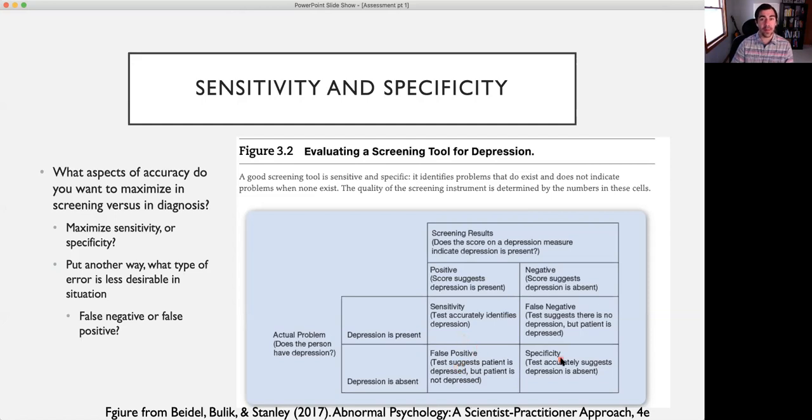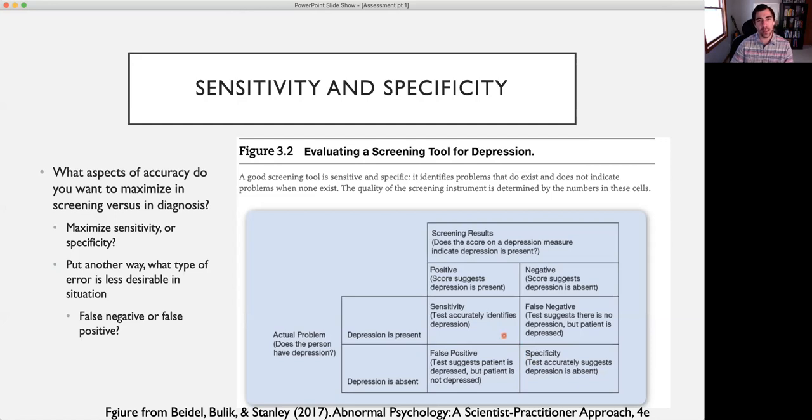And specificity might matter more when we're thinking about diagnosis. The idea of ruling out that someone has that problem, if we're going to give a diagnosis, would be really key, right? We don't want to give a diagnosis of major depressive disorder if a person really isn't experiencing that. So with diagnostic assessment in general, we're doing pretty good at both of these if we're doing the assessment right.